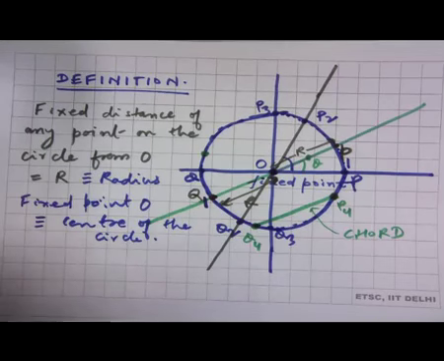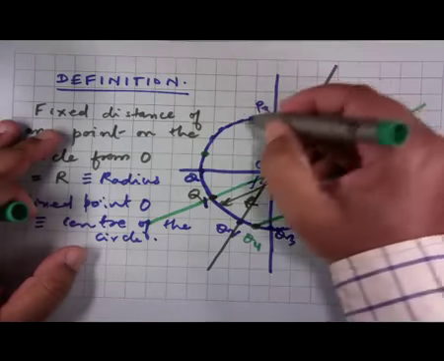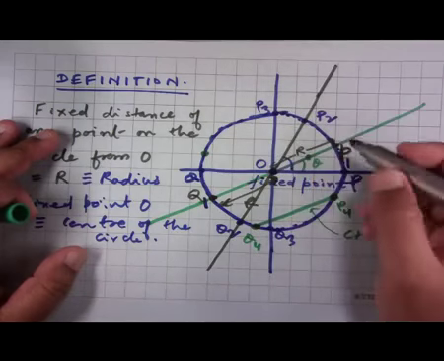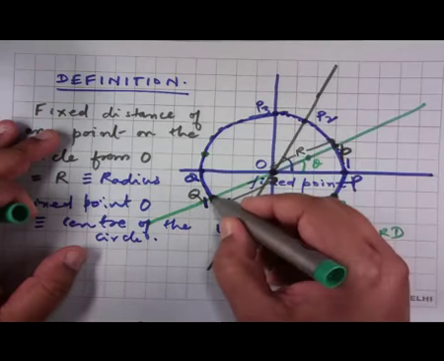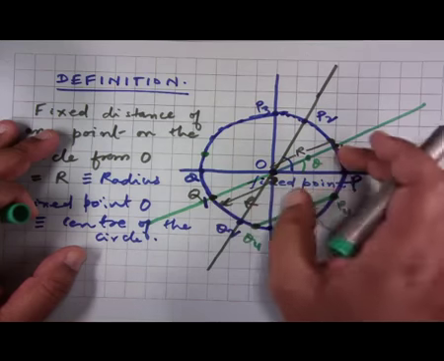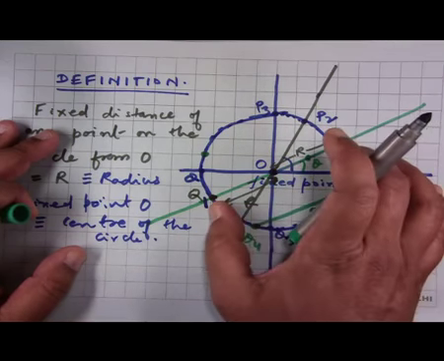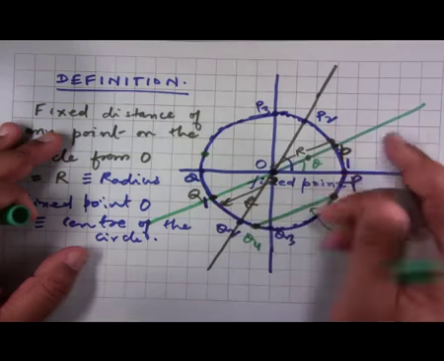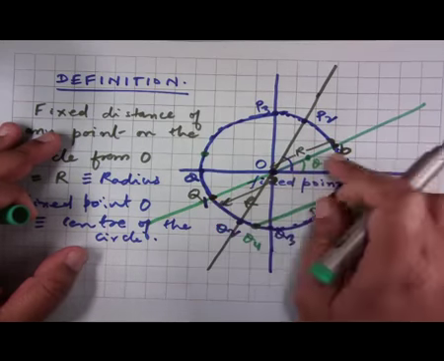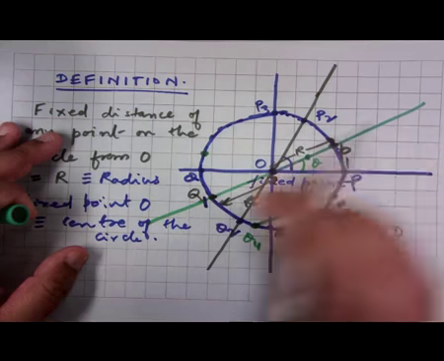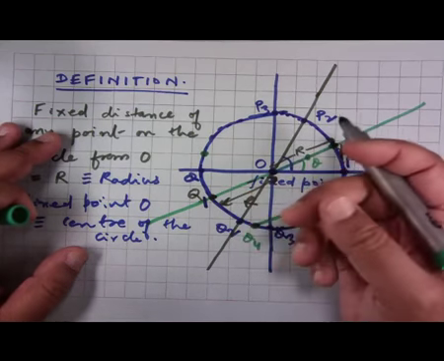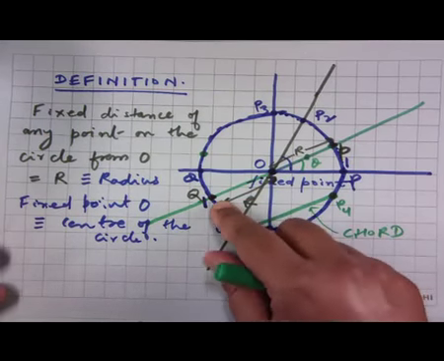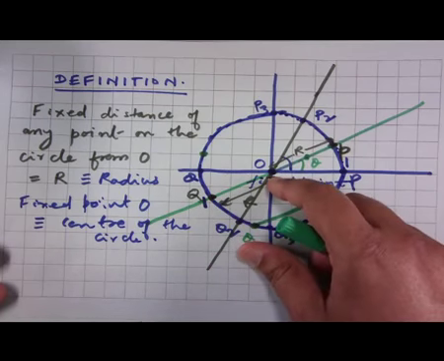So, we do have a special chord. For example, suppose we take P1 and Q1. Both of them are on the circle, and therefore, this line segment between Q1 and P1 is a chord, but it is a special chord because it passes through the center of the circle.